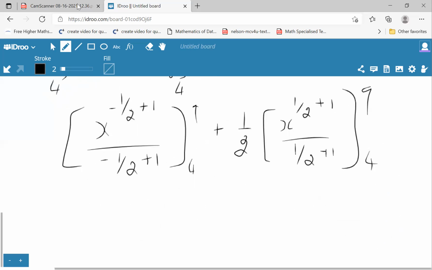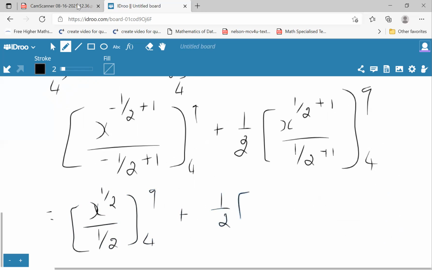So this would now become x to the power of minus half plus 1 will give you root x, or x to the power of half by half in the limits 4 to 9, plus half into, this would now give you x to the power of 3 by 2 by 3 by 2 between the limits 4 to 9.